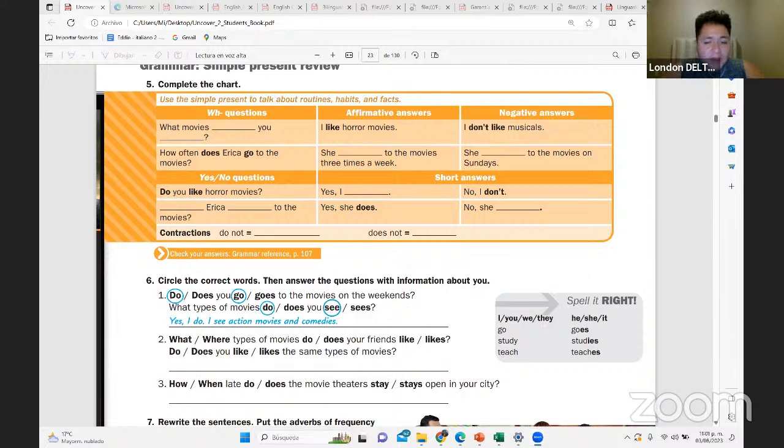Then you can say then, que significa luego, or you can say next. Then I have breakfast. Okay. Last but not least, por último, pero no menos importante, I take a shower and I go to work.